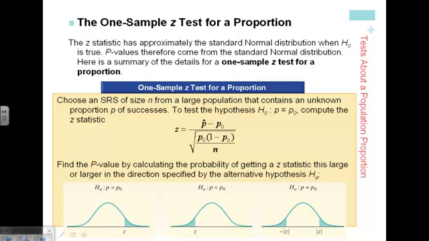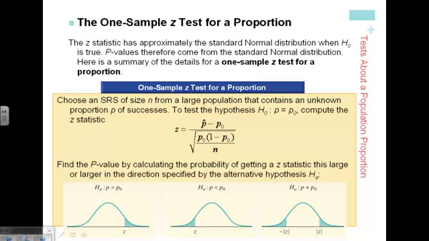If the alternate hypothesis is p is greater than p naught, then we're going to shade in the area under the curve above. If it is p is less than p naught, like we just did in the free throw example, you get a z value and you're shading in below.